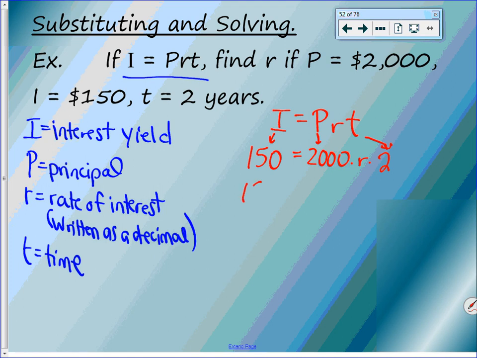So 150 equals, and I can go ahead and multiply these two together. So 2,000 times 2 is 4,000. So this is 4,000 R. And then to solve for R, I'll divide both sides by 4,000. So then I can calculate the interest rate.